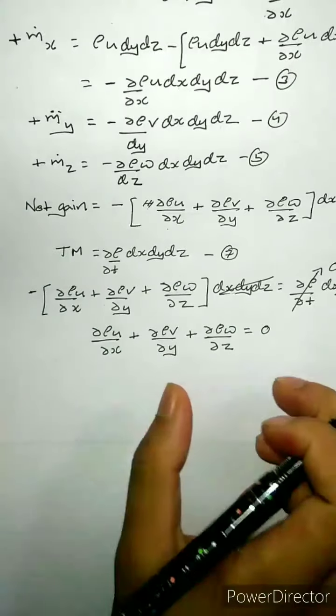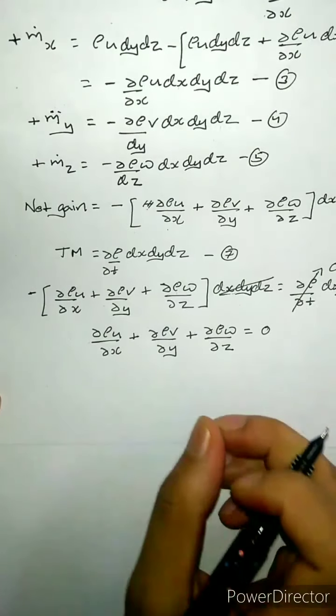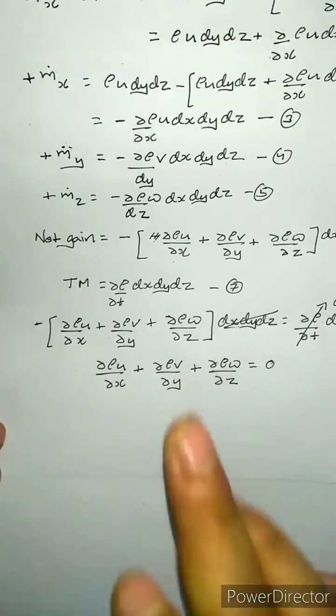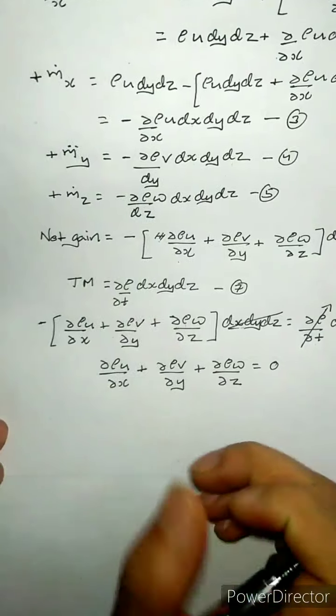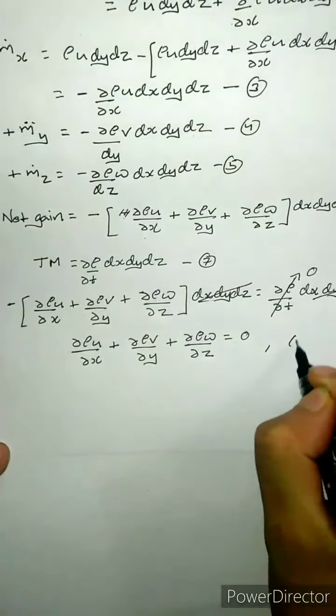For an incompressible fluid, we consider that the fluid flowing through the cuboidal element is incompressible in nature, which means the density of the fluid remains constant.